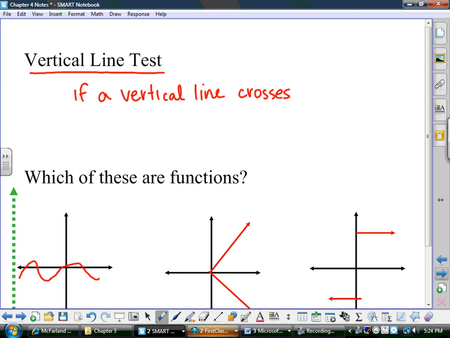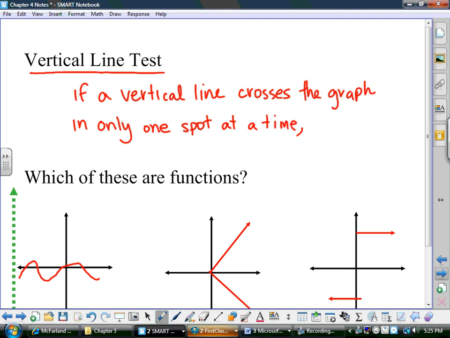If a vertical line crosses the graph in only one spot at a time, the graph is a function.